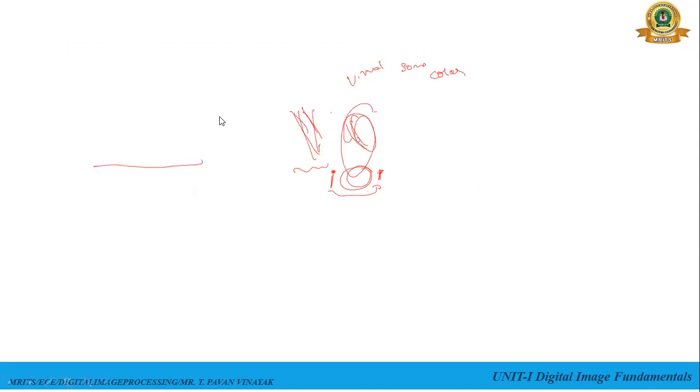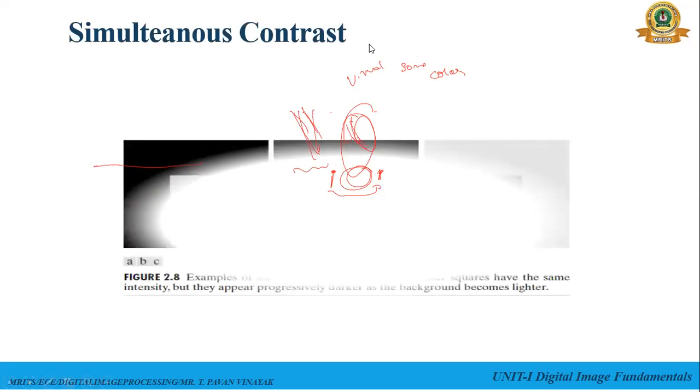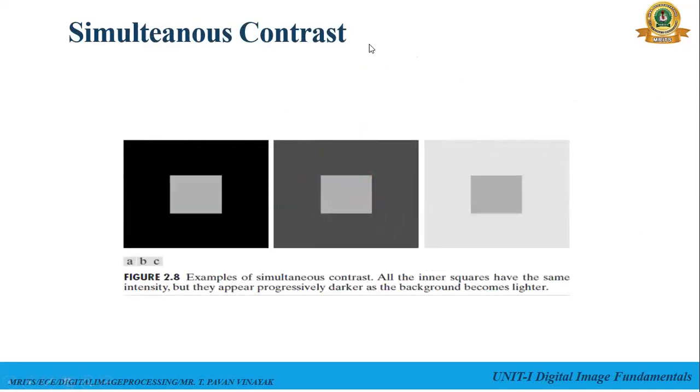Another one is simultaneous contrast. Simultaneous contrast is nothing but, based on the background and foreground colors, the color vision differs for the human eye.